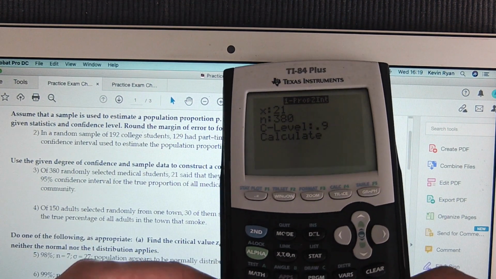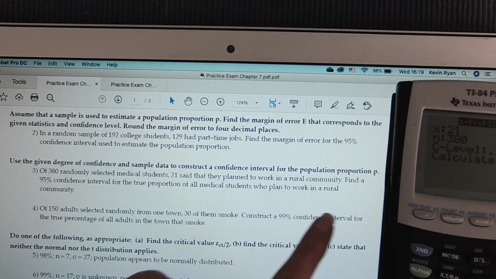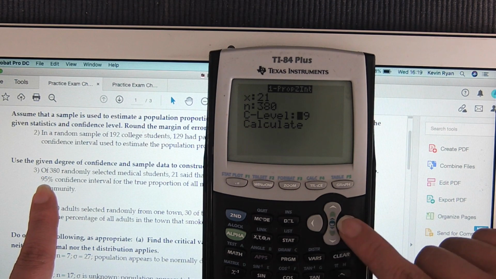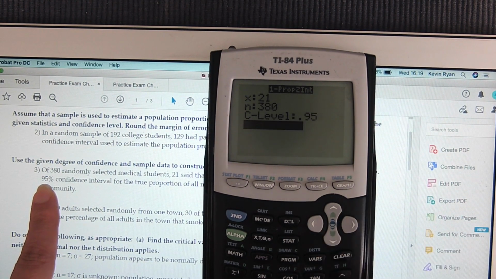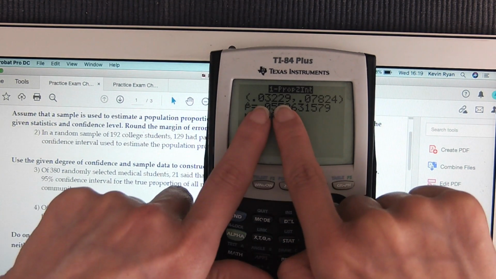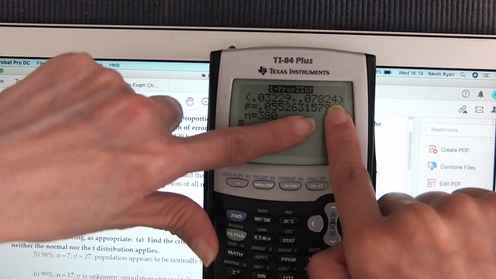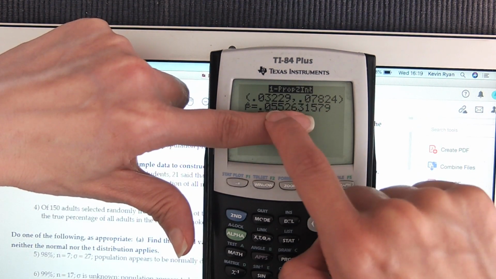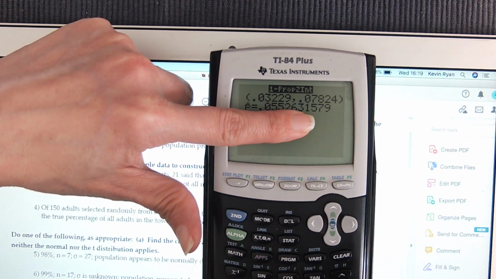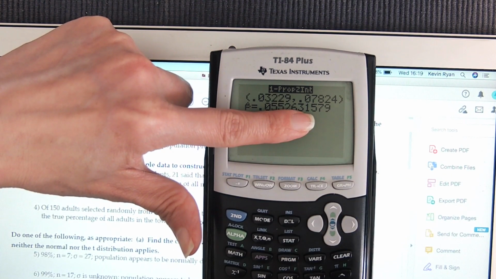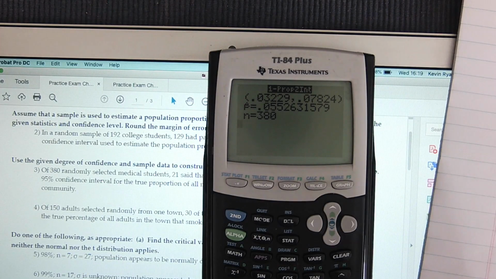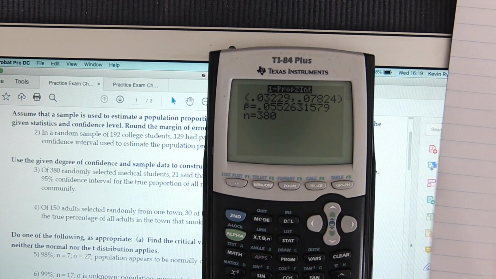C level means confidence level. My 95% is 0.95. Calculate. Here's my left number, here's my right number. It's a confidence interval, and that's the answer for number 3.